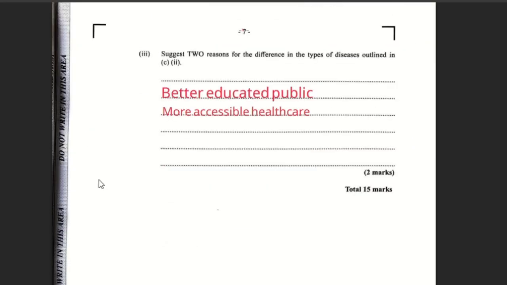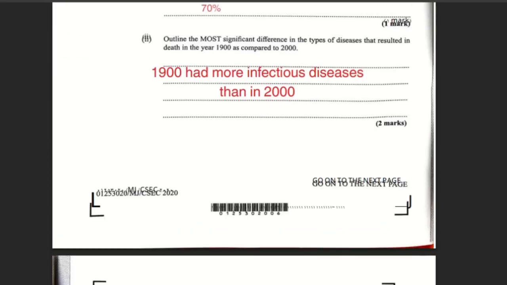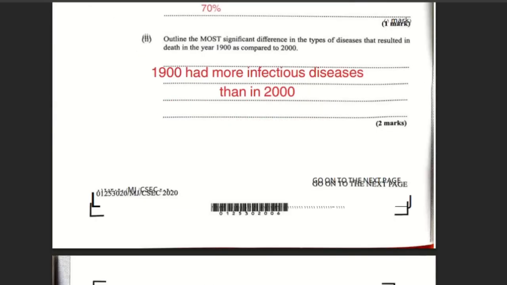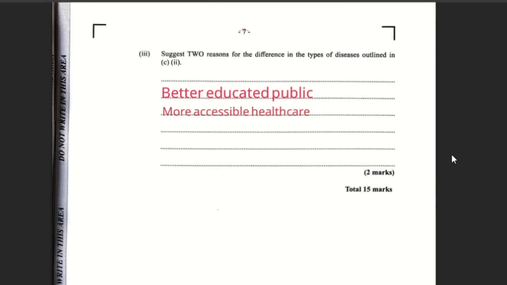Right, so then it says suggest 2 reasons for the difference in the types of diseases outlined in C. So basically, what can be the difference in the types of diseases within the 2 years is perhaps a better educated public.